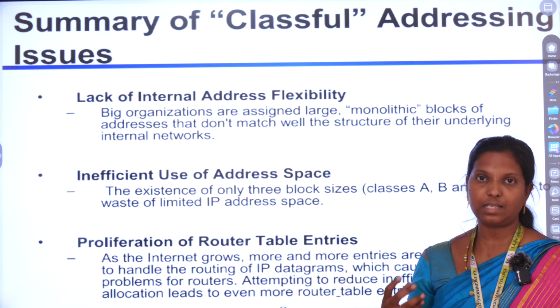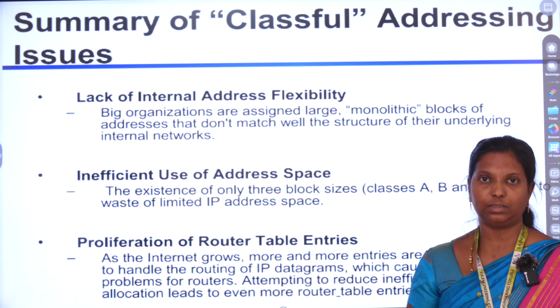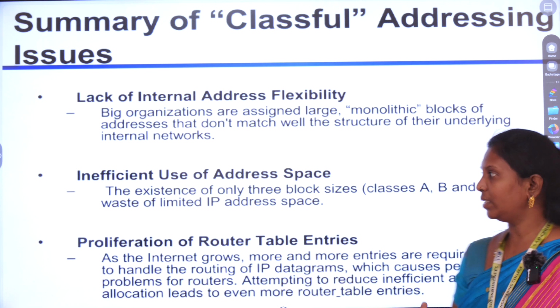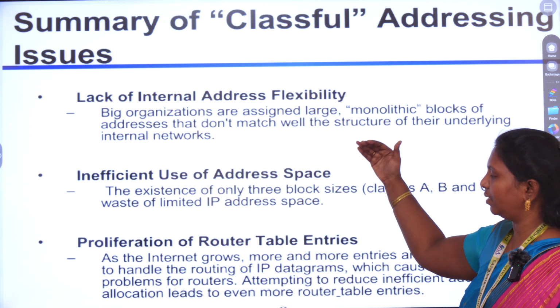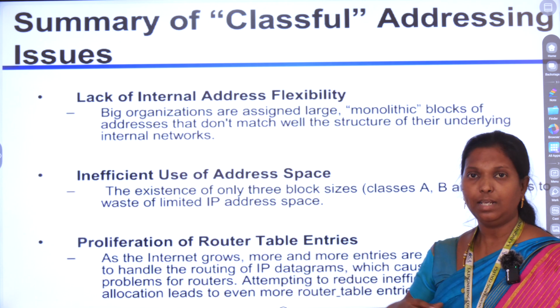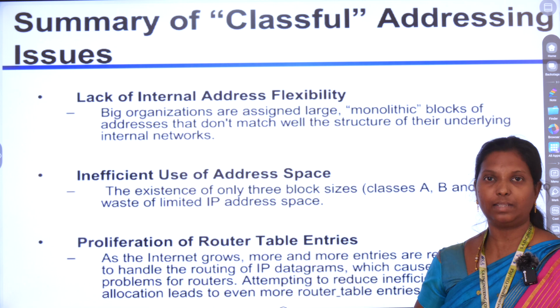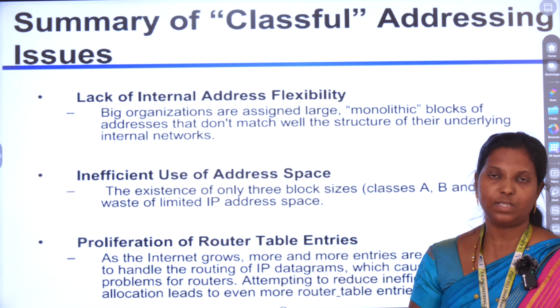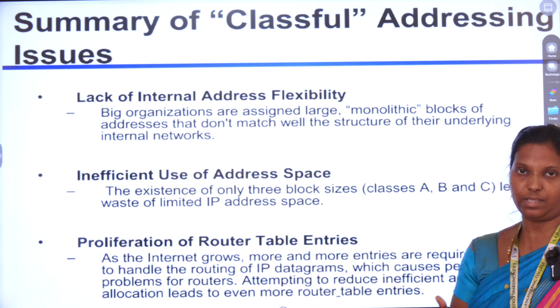The internet world struggles to reach those routers and those IP addresses. This is not in a flexible format. So with classful addressing, the monolithic nature of big organizations gets complete control, and there is a struggle in reaching the IP address. This is the very first common issue in IP addressing with the classful nature.